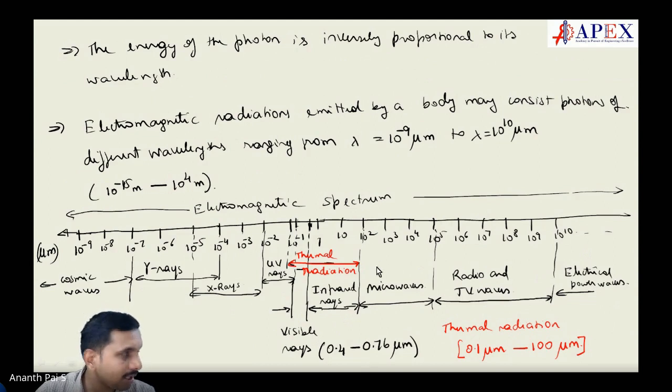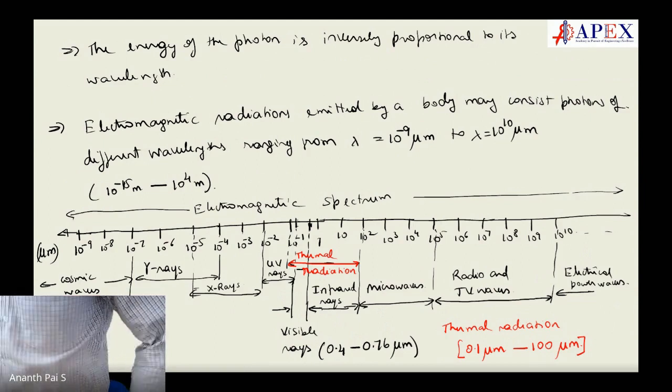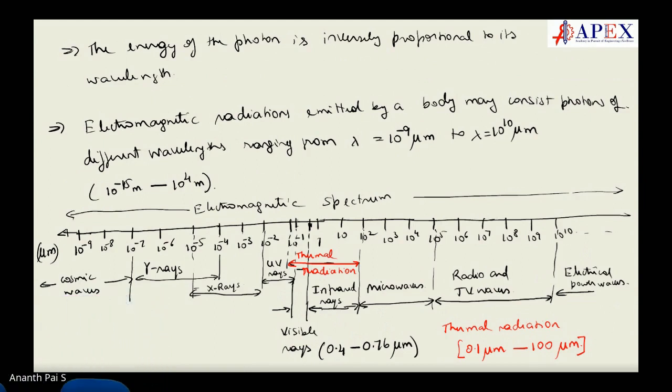This is the range of thermal radiations, correct? And one more thing we saw was visible light, in the range of 0.4 to 0.6 micrometer alone. So visible light is a small portion of the total electromagnetic spectrum.